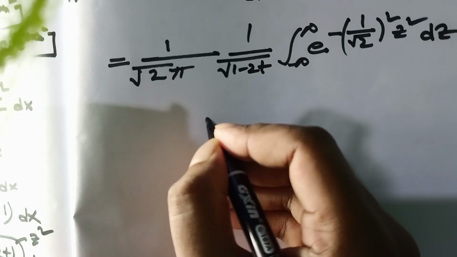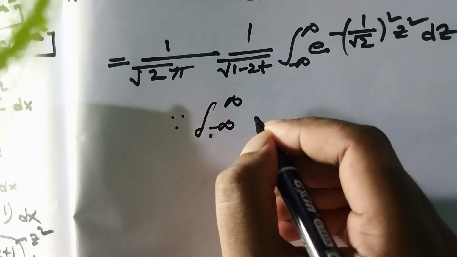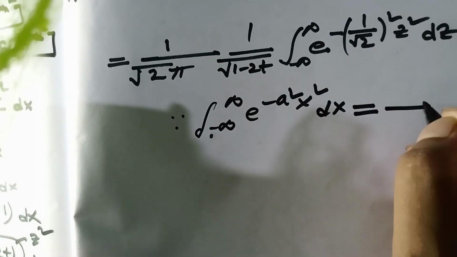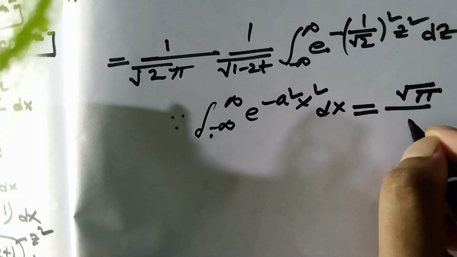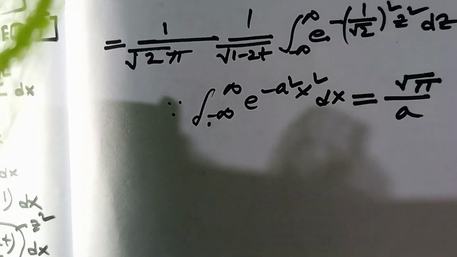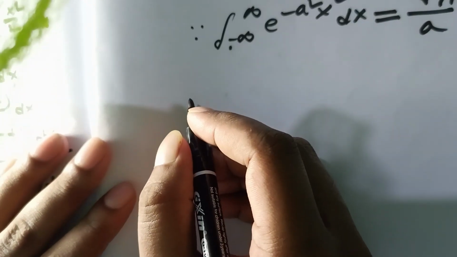Because I know the formula: integral from minus infinity to infinity of e to the power minus a square x square dx is equal to root pi divided by a. Here a is equal to 1 by root 2.